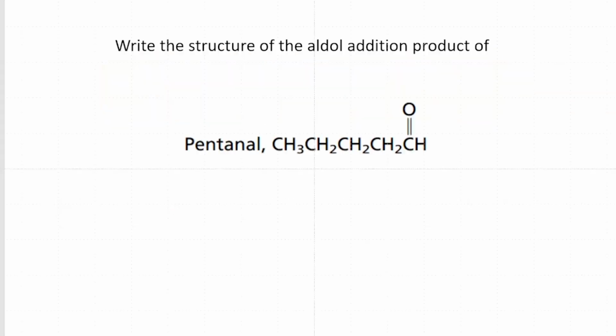Write the structure of the aldol addition product of pentanal. So in this question, we would assume that pentanal is exposed to some kind of a base, such as potassium hydroxide or sodium hydroxide. And then we need to figure out what the product of the aldol addition is.